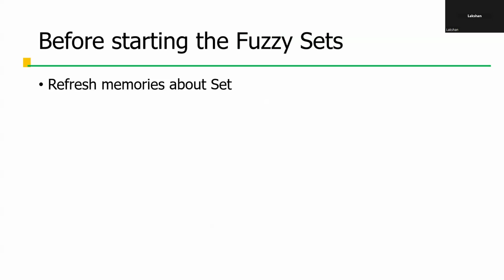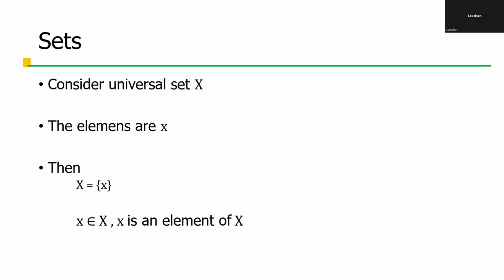So first of all, we need to refresh our memories about sets. First, we have the concept of a universal set, which is denoted by capital X, and the elements are simple x. So capital X is the universal set, and it represents all the elements in a set.